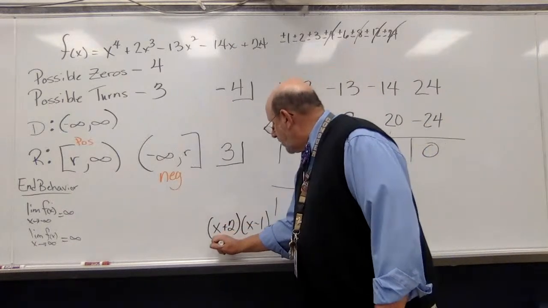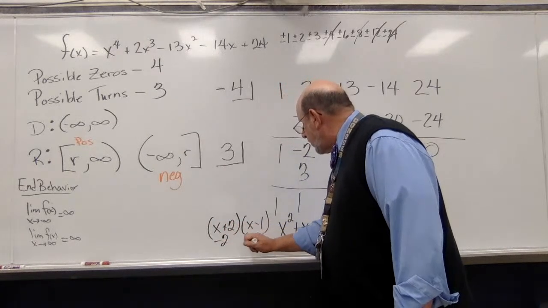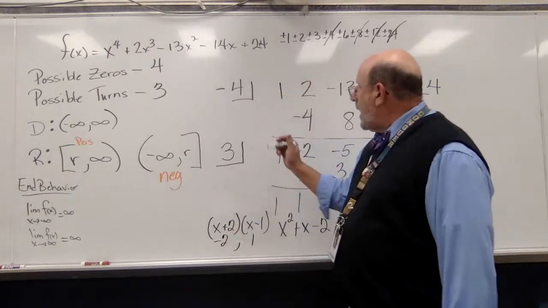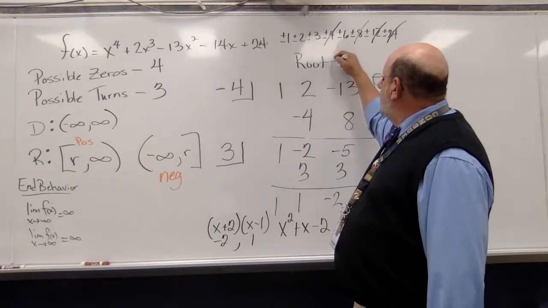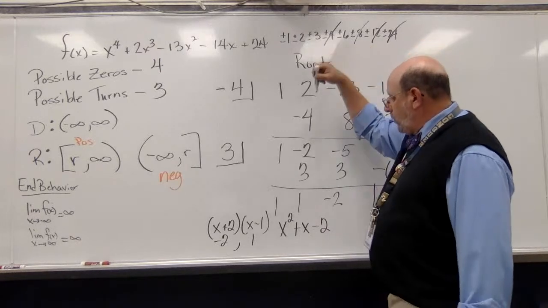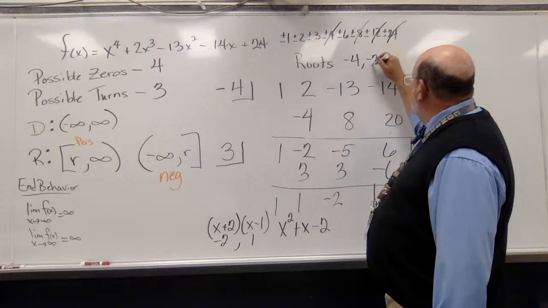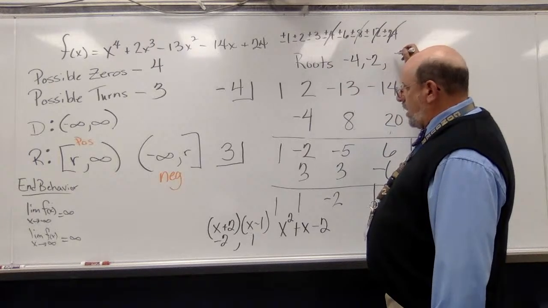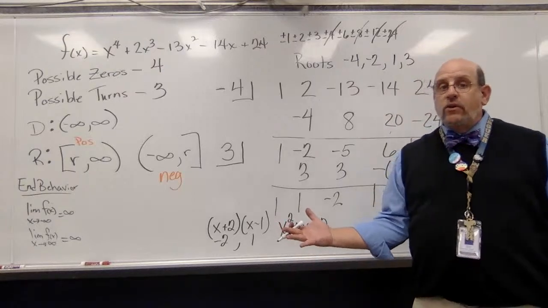So the root here would be -2 because -2 plus 2 gives me 0. And the root here would be 1. So my roots are -4, -2, 1, and 3. And that's how you do it.